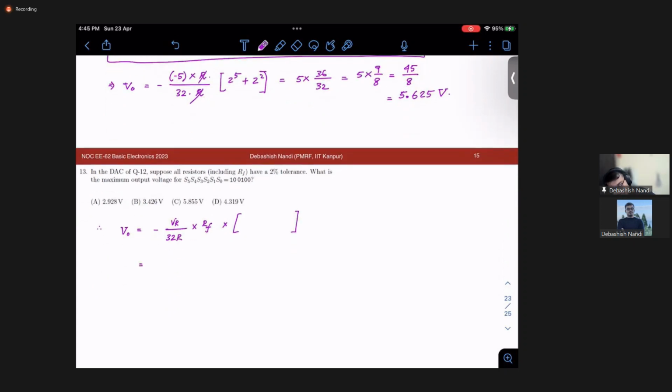So if RF has a 2% tolerance, let me do it in another way.